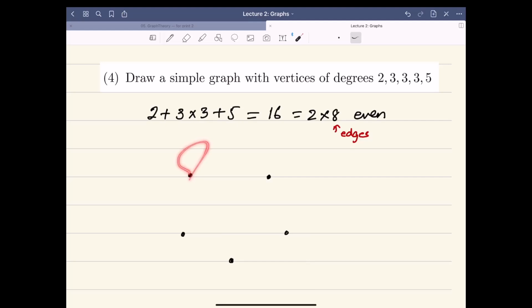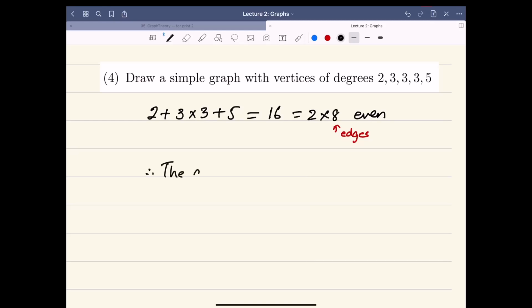Loops are not allowed, parallel edges are not allowed, so the maximum will be equal to 4. But what about this vertex? It has degree 5. So how can we draw a vertex of degree 5 when the maximum degree in a simple graph with 5 vertices is 4? So the graph does not exist, and we need to write this.